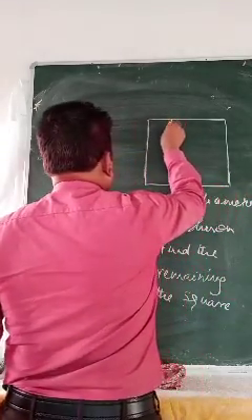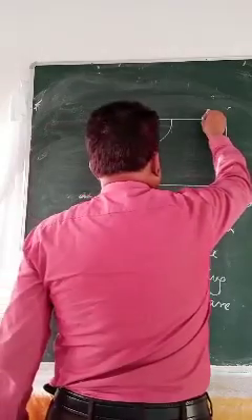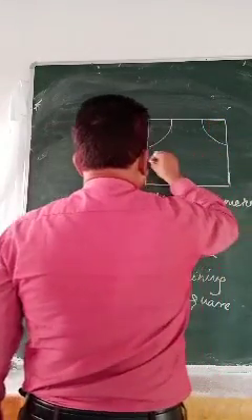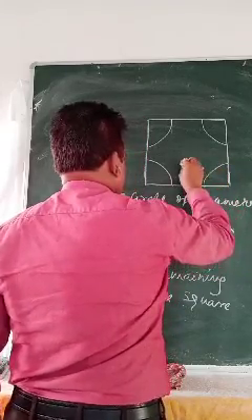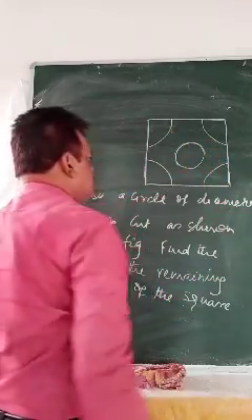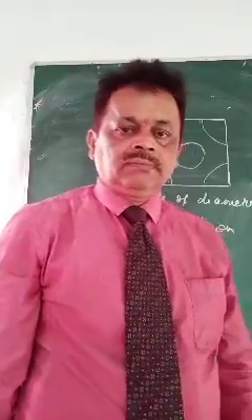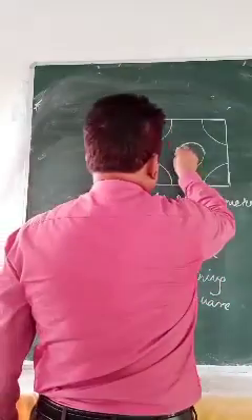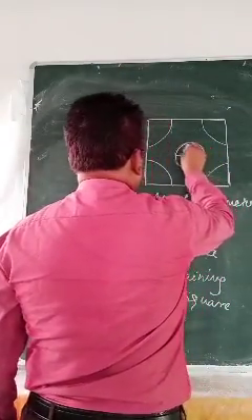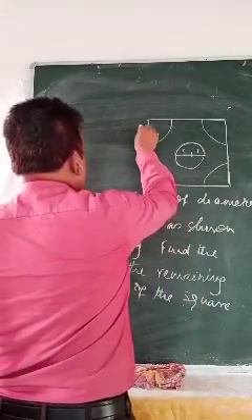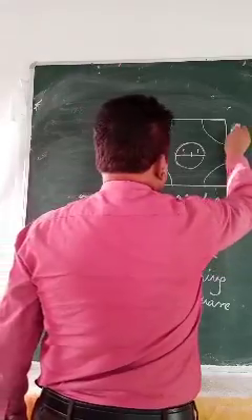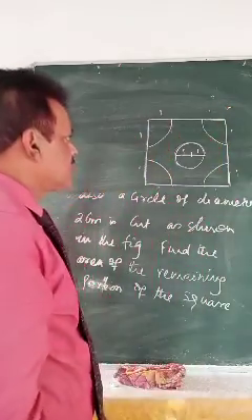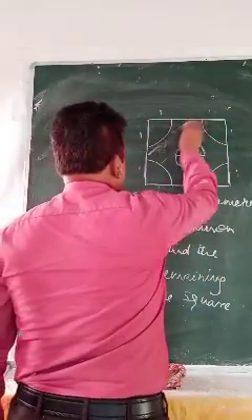From each corner this is cut off. This is diameter 2. 2 means 1 and 1. This is also 1 centimeter. So you are asked to find the area of this part.